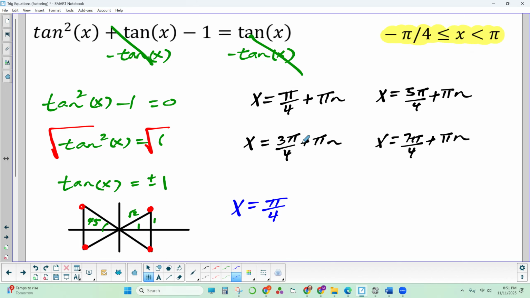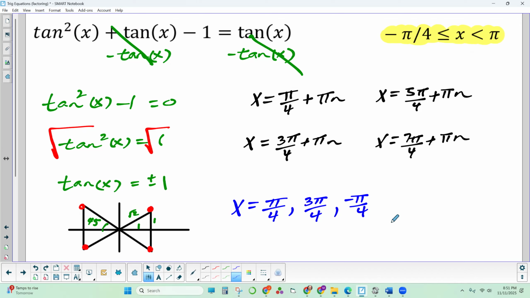So now we'll go to the next angle, which is 3 pi over 4. And 3 pi over 4 does fit into this interval. So this is a solution. Now, if we add pi, we're going to exceed the top end of our interval. But if we subtract pi, we will get negative pi over 4. And as you can see, negative pi over 4 is included in our interval, so I will include that.